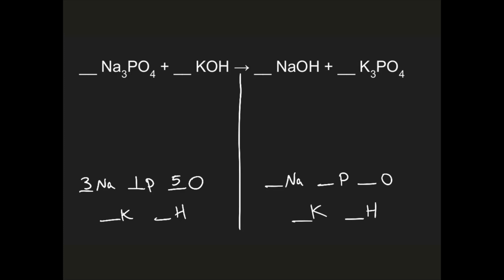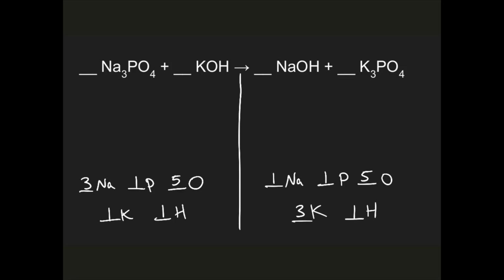I see 1 potassium and 1 hydrogen. On the right hand side, I've only got 1 sodium, I've got 1 phosphorus, I see 1, 2, 3, 4, 5 oxygens, I see 3 potassiums, and I see 1 hydrogen.